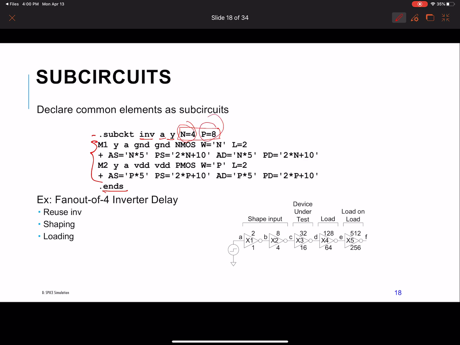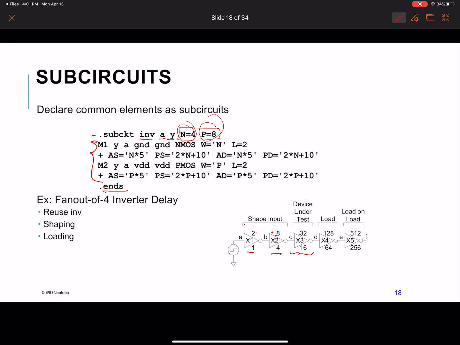So here's something that we're going to use in our project, project 2, which is the simulation of the speed of a device. This is checking the speed of this inverter. What it's doing is stepping up the size of these inverters by a factor of 4 in each step, going from 2 to 8, 8 to 32.